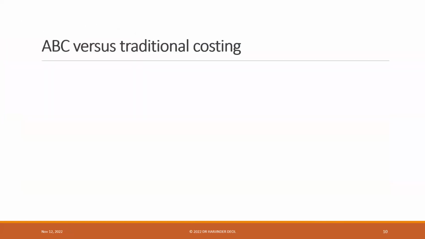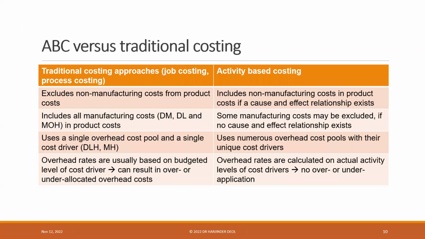Next, let's compare activity-based costing with traditional costing approaches. Under traditional costing approaches, such as job order costing or process costing, non-manufacturing costs are excluded from product. Activity-based costing, though, says we should include a non-manufacturing cost if a cause and effect relationship exists between the cost driver and the product.